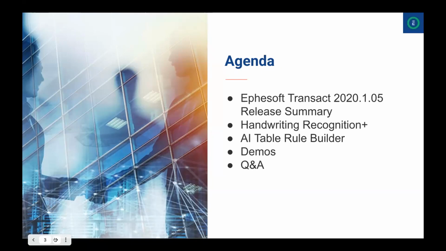Then John's going to come in and do live demonstrations. It's one thing to hear from product management what we're up to and how the features work. It's quite another thing to see it live, and John's got some great demos lined up for you.